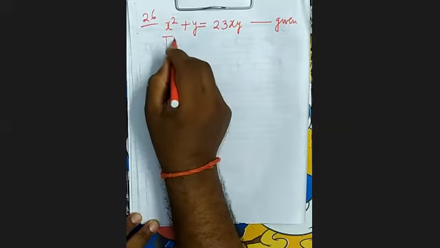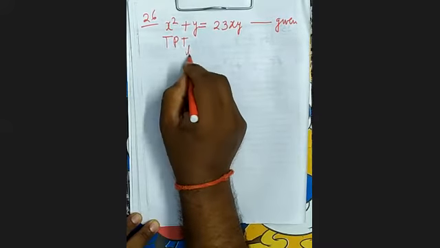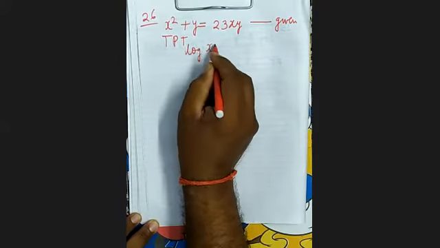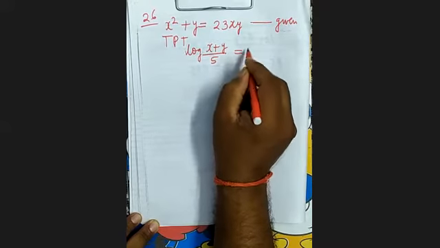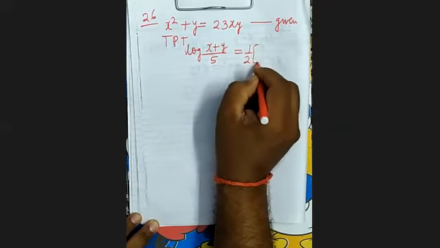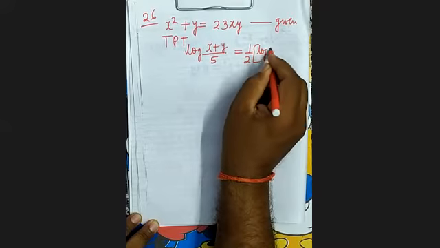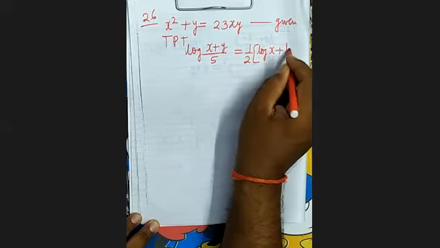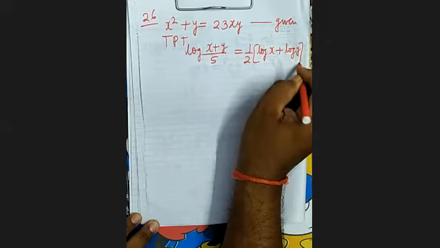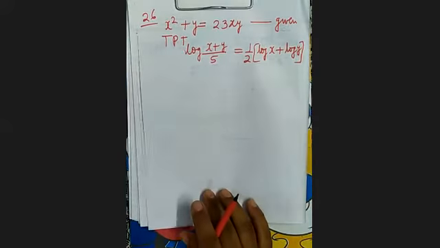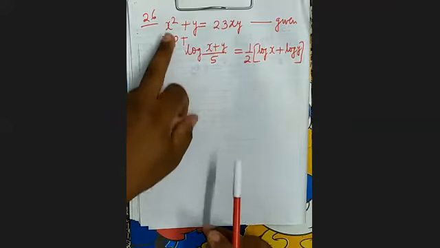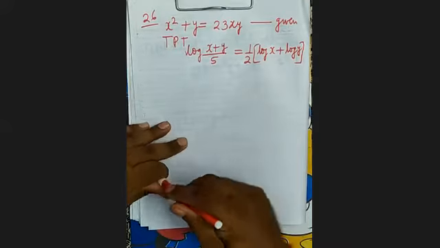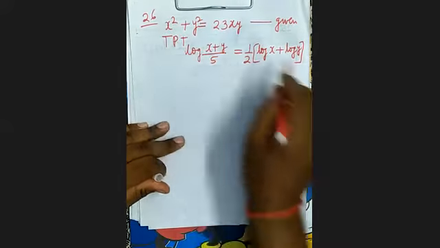What you have to prove is: x plus y upon 5 equals 1 upon 2 (log x plus log y). This means the algebraic is given and you have to prove in logarithmic form.